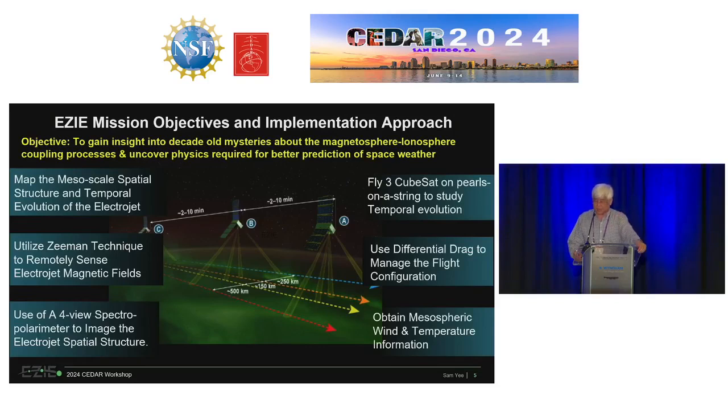We fly three CubeSats and use differential drag to manage and adjust the separation, so we can get timing separation varying from 2 minutes to 10 minutes between spacecraft. Also, the measurement itself, because of the particular emission we look at, allows us to get wind, because the Doppler shift gives the wind. We also look at the brightness temperature to give a temperature profile. So those are the additional products.